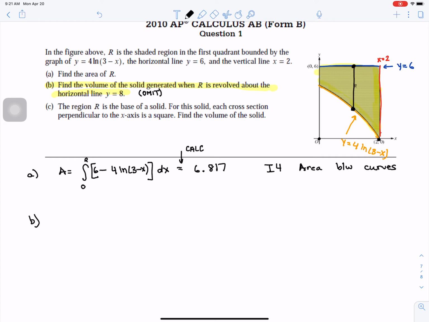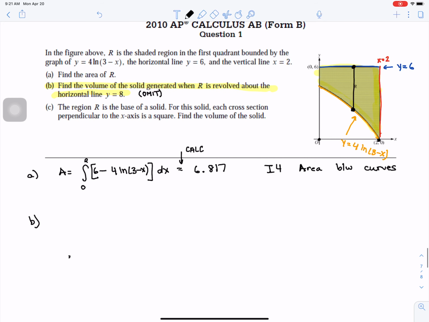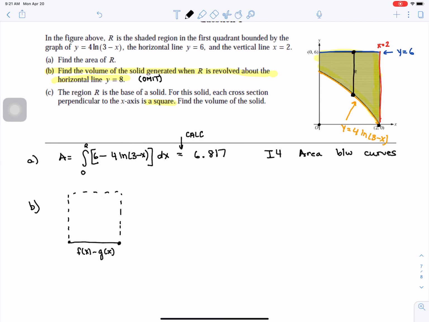Then the region R is the base of a solid, so let's draw the region R's base for one cross section. Each cross section is perpendicular to the x-axis and it's a square, so that's useful because they make it easy for us. So my square is here. I have f of x minus g of x. Find the volume of the solid.